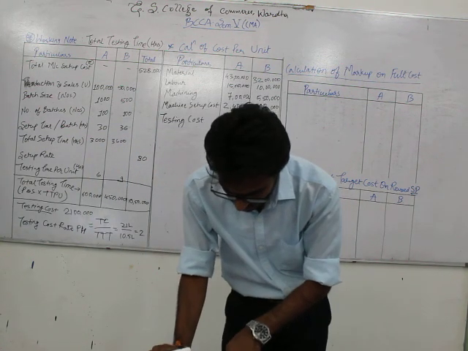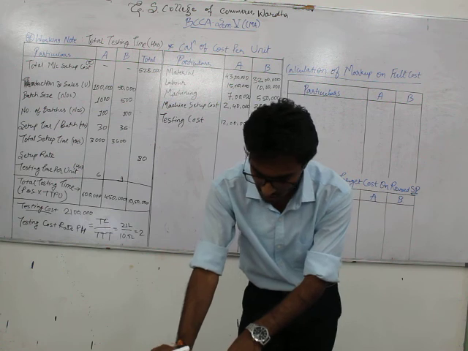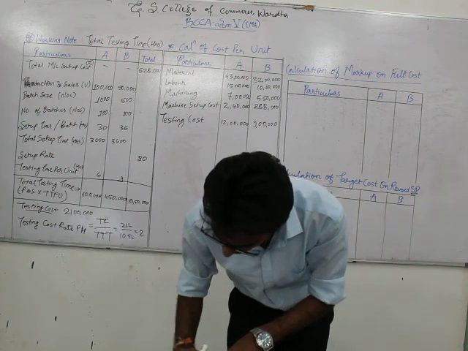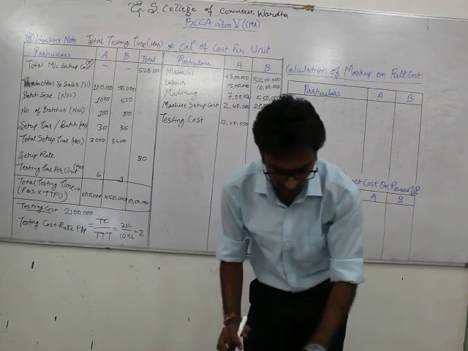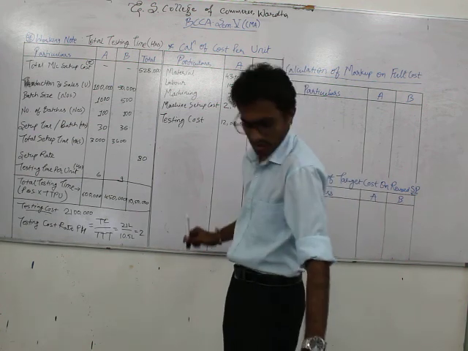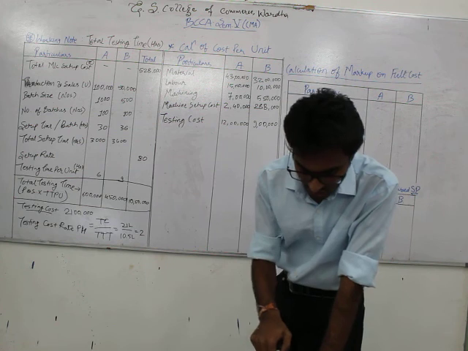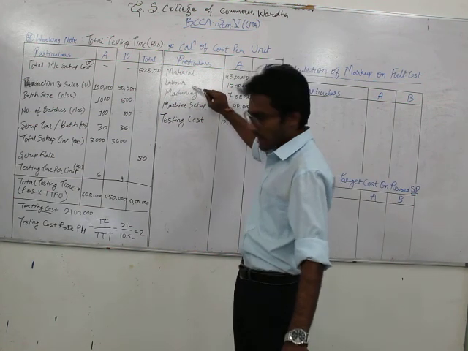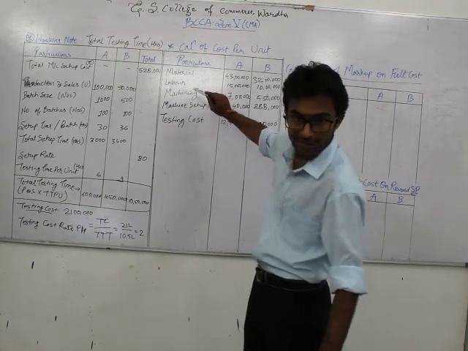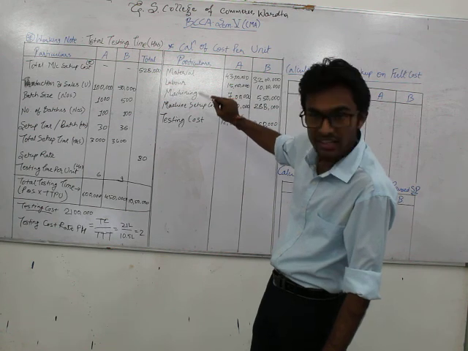After the testing cost we will write here the last cost. If you refer to the first column, we have written all three costs: material, labor and machining. We are left with the engineering cost.